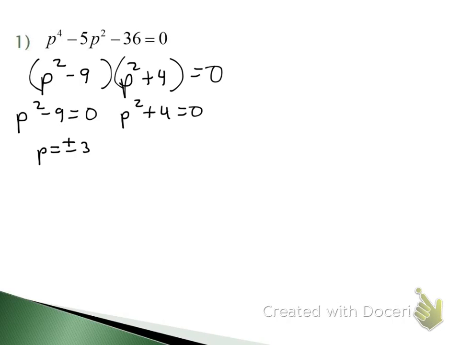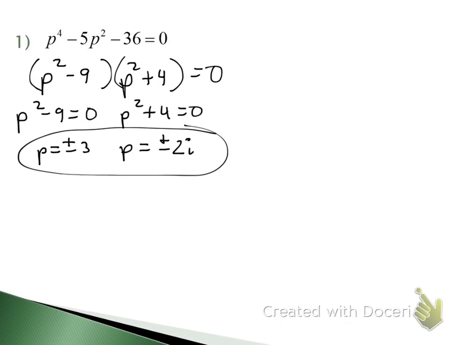Plus or minus 2i. So that'd be p equals plus or minus 2i. I'm not going to do all that work. We should be recognizing now that if I have 2i as a 0, isn't its factor p squared plus 4? So there are my 4 solutions. We good? Questions?